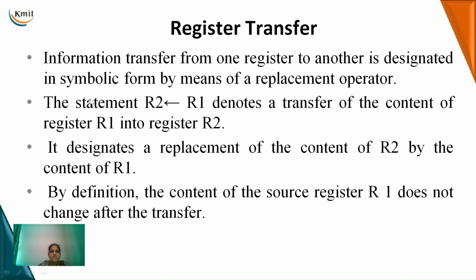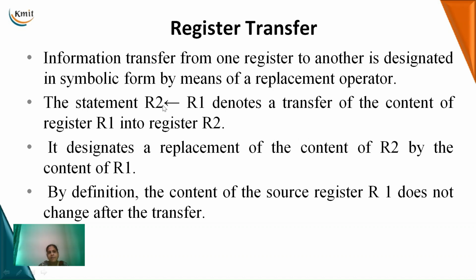So the statement R2 ← R1 means that it transfers the contents of register R1 into register R2. It designates a replacement of the contents of R2 by the contents of register R1.